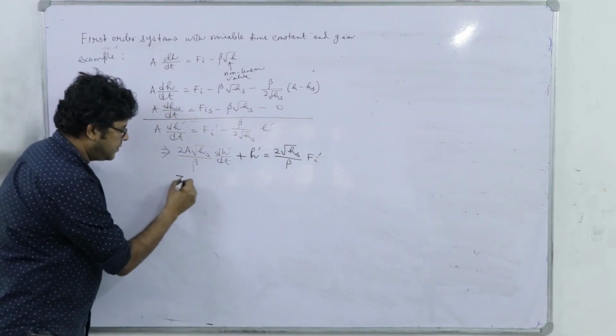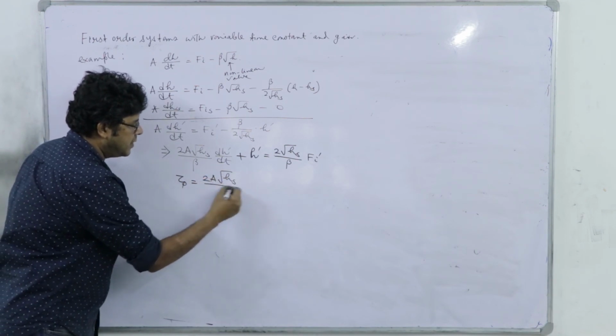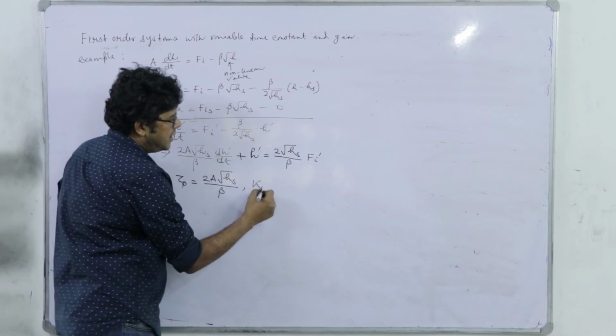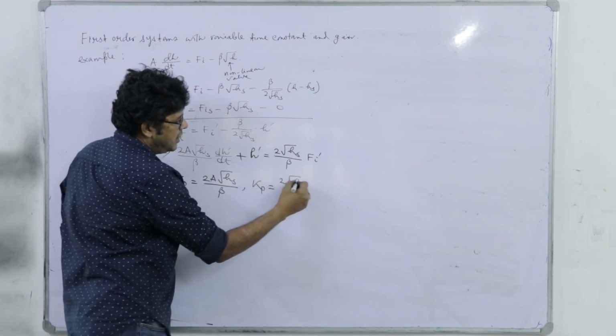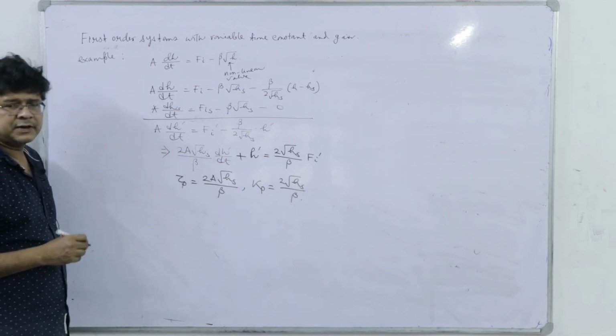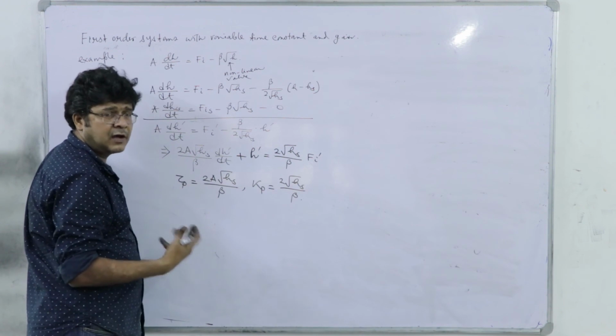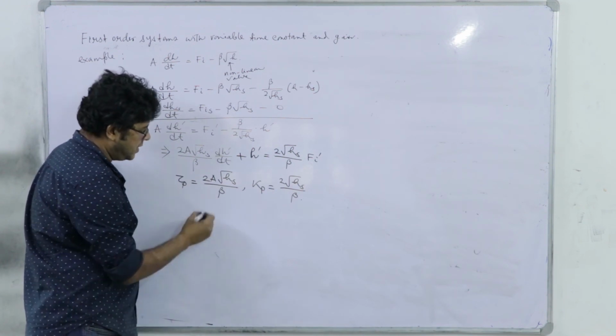So by definition, tau p is equal to 2A under root of hs by beta and Kp is equal to 2 root hs by beta. What is important to note here is that hs depends on our specific situation, right?